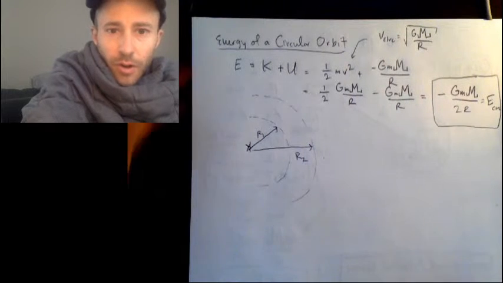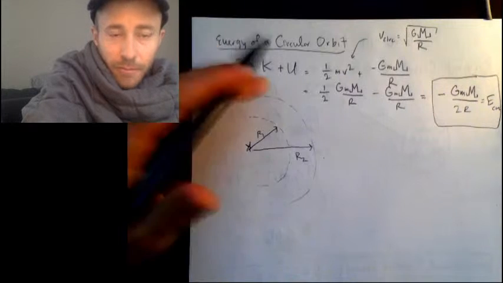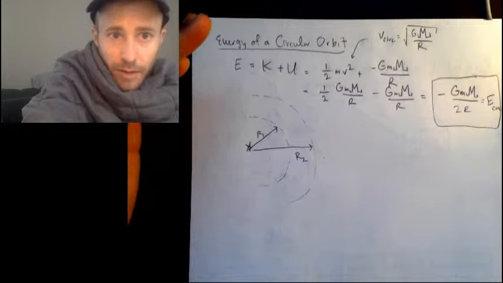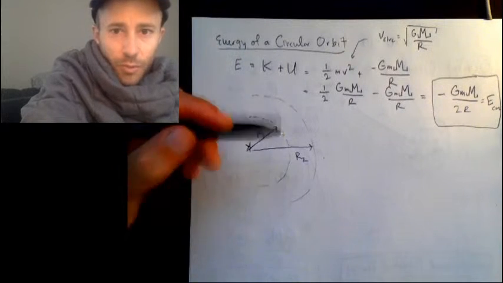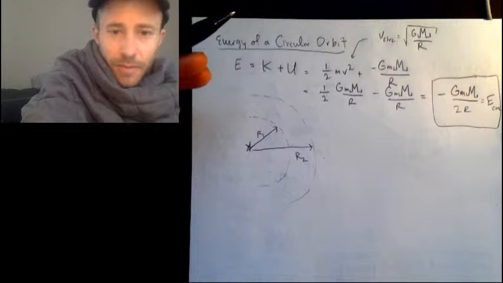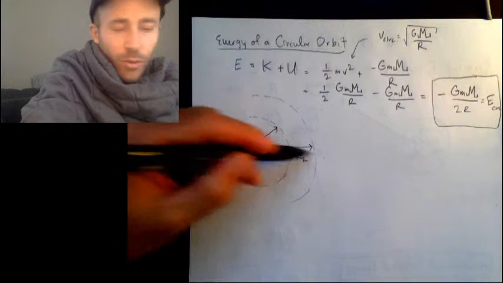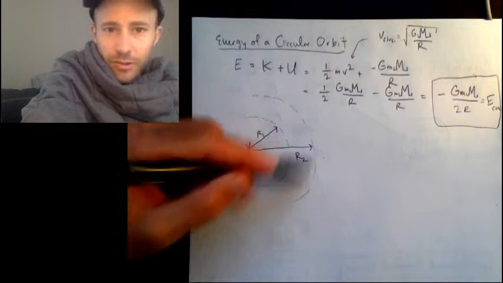Obviously, to make that transfer of orbits, you're going to have to fire your thrusters. So the question is, how much work do the thrusters have to do in order to raise the orbit into this altitude?